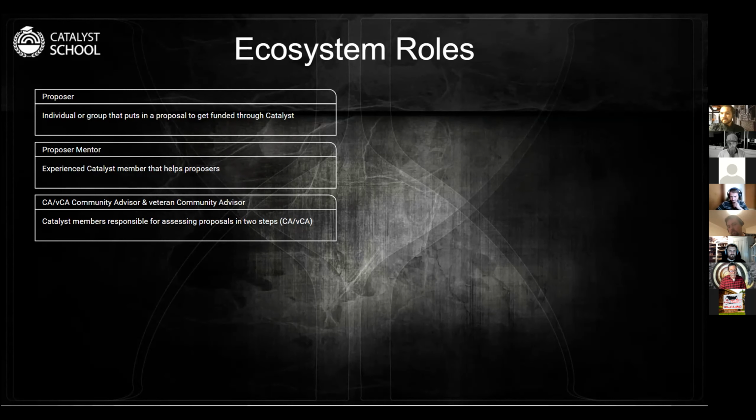And the veteran community advisors are people who have successfully been community advisors previously, and they do the quality assurance phase of this process. They are going to check if the assessments that the CAs made make sense or not, if they are fair, if they are unfair, if they are following the guidelines. And then at the end, we have a final score that is going to be used during the governance phase, during the voting phase.